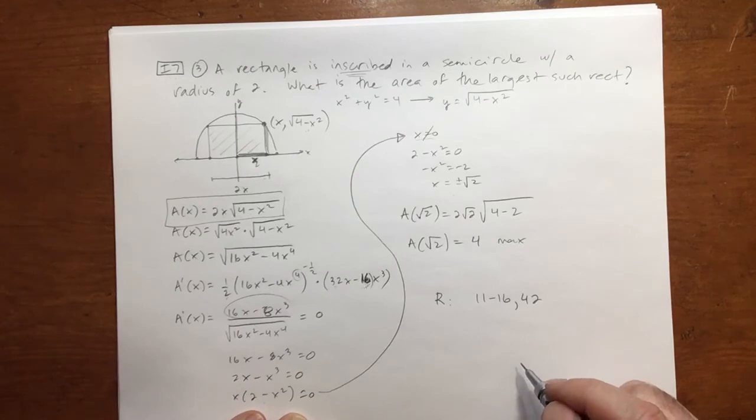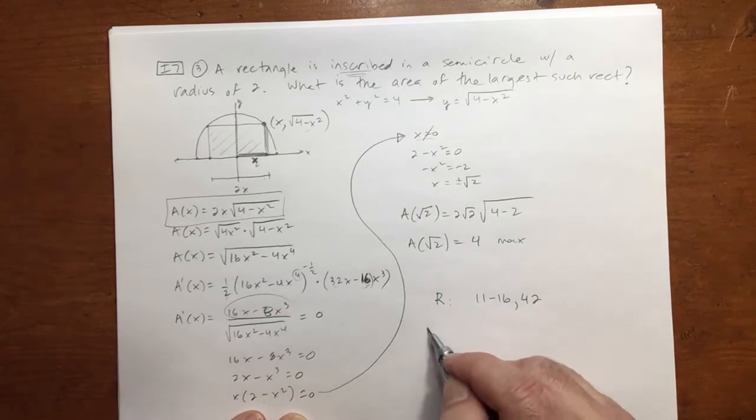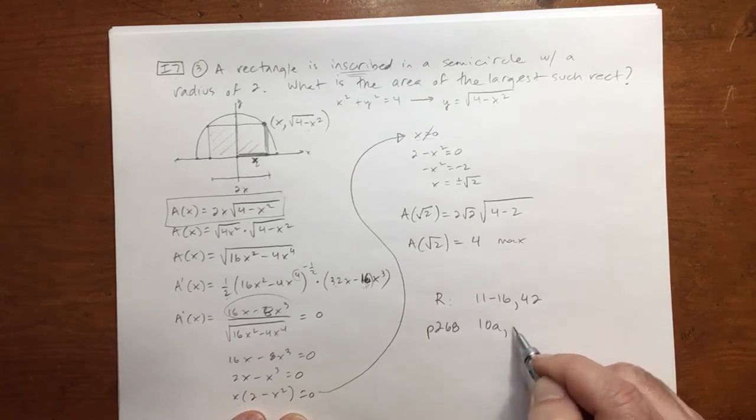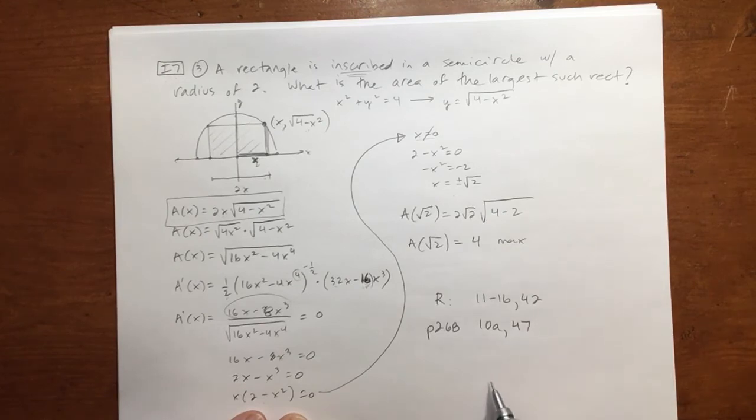Okay, in the book, I want you to try page 268, 10A, and 47. Okay, so I'll post on the calendar how many days worth of work this is, and realize that you can go to page 268 or 267, wherever these start, and do as many of these problems as you'd like.